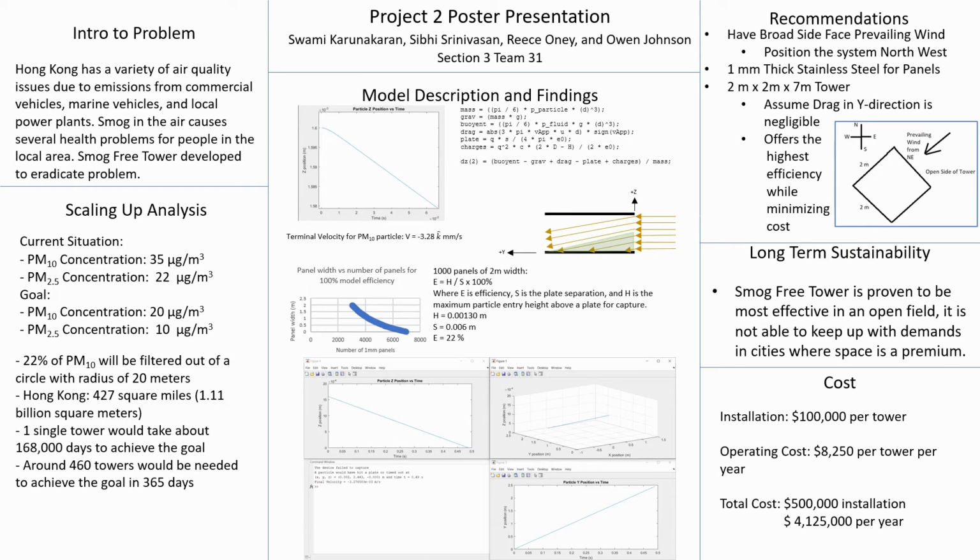Based on the recommendations and the model developed by the team, in addition to some research based on different smog-free towers that were implemented in various cities such as Delhi, India and Beijing, China, and based on the materials stated in the recommendations, an installation cost of $100,000 per tower was estimated with an operating cost of $8,250 per tower per year.